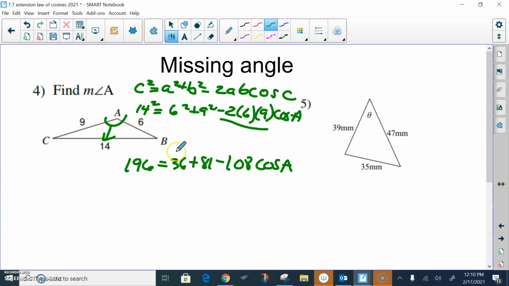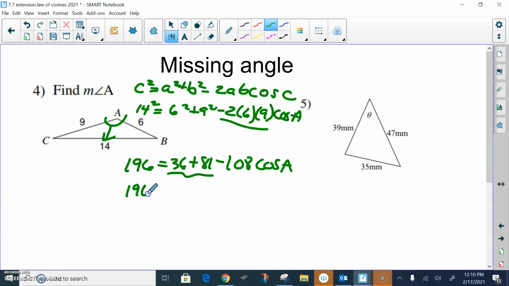Don't be tempted to combine these three together, because remember that 108 is attached to the cosine of A, which is its coefficient. We can't combine it together. It's like it has an x there. So I'm going to combine these two together, not including the 108.